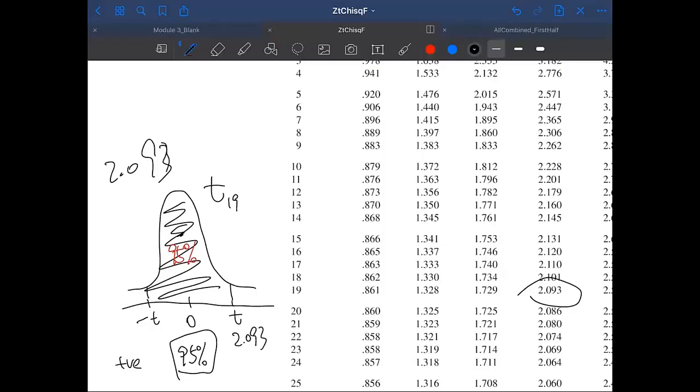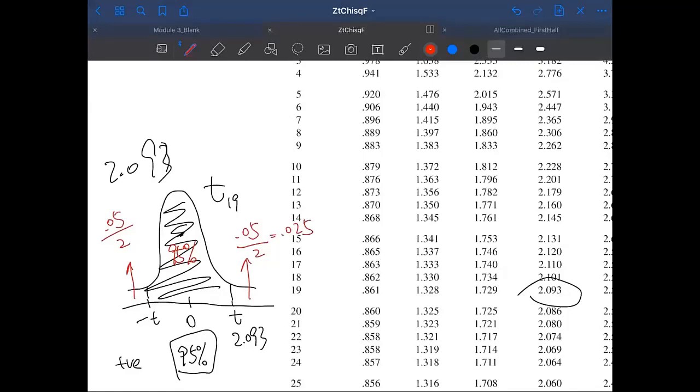And Siri has already explained to us how we find that, because if this part is 95%, those two corners are going to add up to 5%, because the total area adds up to 100%. So each one of them is going to be 5% over 2. Over here is also 5% over 2. And that's why it's 0.025. Okay.